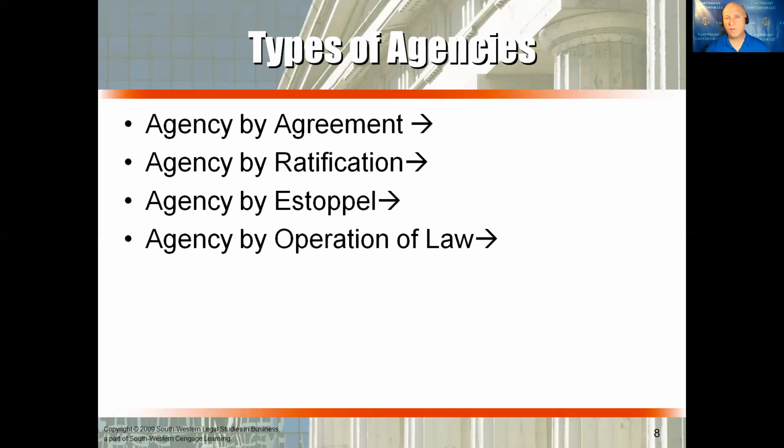In that hypothetical situation, you may have to determine whether an agency relationship exists or not. And of course, in order to do that, you've got to know how agency relationships are initiated in the first place. So you have to know how agencies by agreement exist and how they're formed, how agencies by ratification exist and how they're formed, how agencies by estoppel and agencies by operation of law.